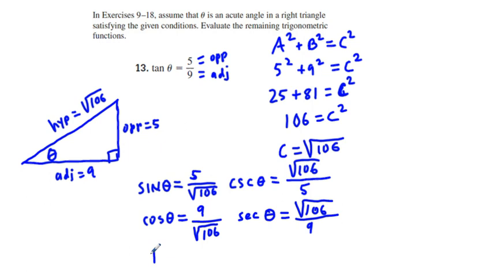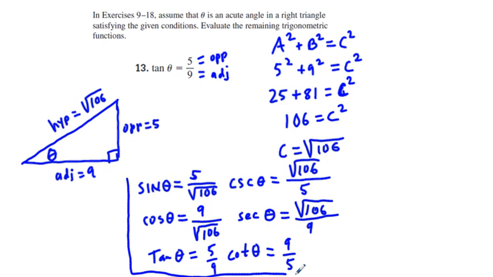And tangent theta, we already had, right, is 5/9. And cotangent theta is the reciprocal of tangent theta, so that's going to be 9 over 5, which decimalized rounds off to 1.8.